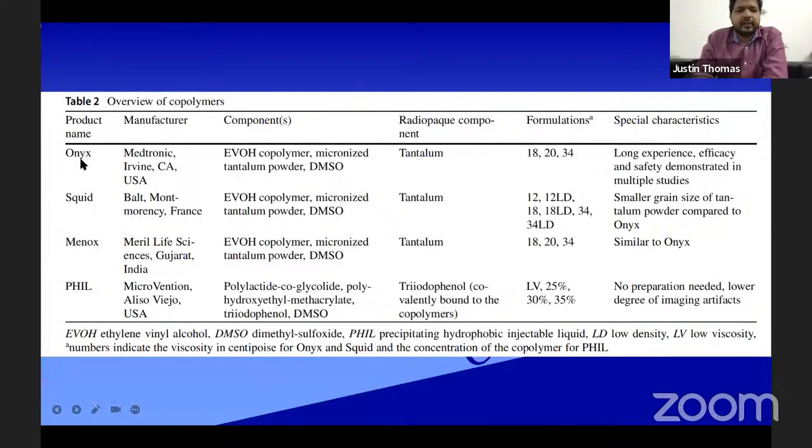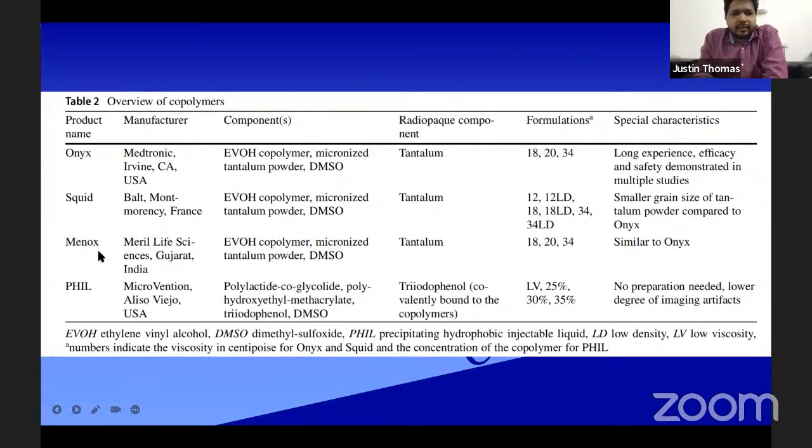These are the agents which are similar to onyx. This is Squid. Squid is very similar to onyx, except that the tantalum particle size is small compared to that of onyx. So it is more visible. The artifact caused by this tantalum is less in Squid compared to onyx.